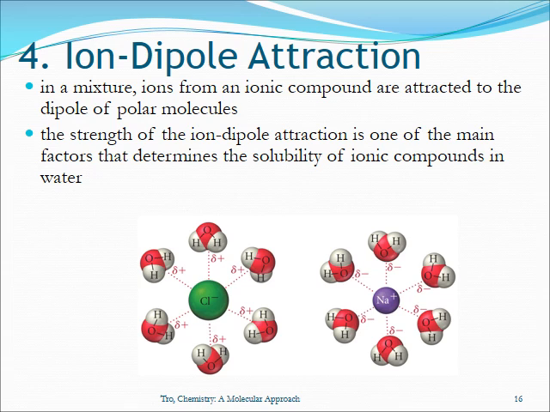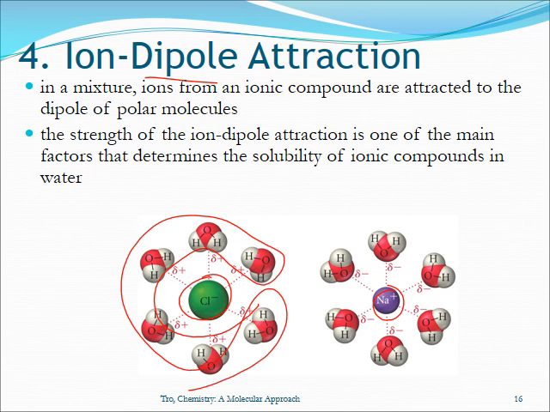Last but not least is the strongest, ion-dipole attraction. What that means is you typically have an ion like Cl or Na, and then a dipole, which means some sort of polar molecule. In this case, we have water, these water molecules right here.